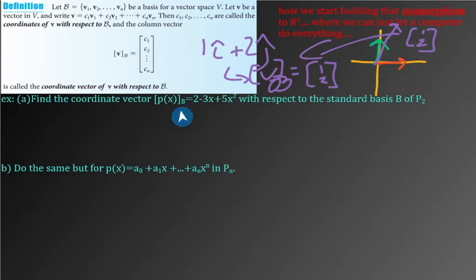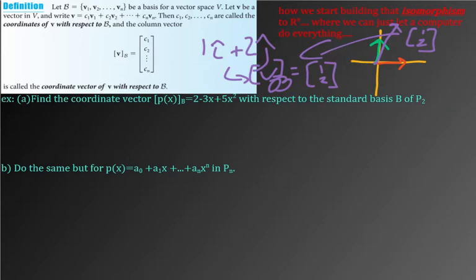In polynomial space, if we want to write p of x with respect to B, where p of x is 2 minus 3x plus 5x squared, and B is the standard basis for P2, that's very similar to this kind of thing.